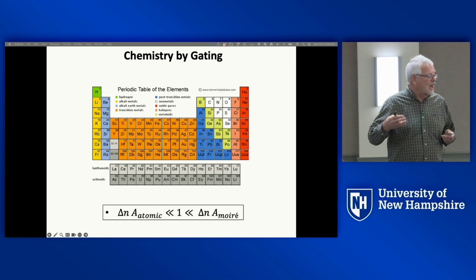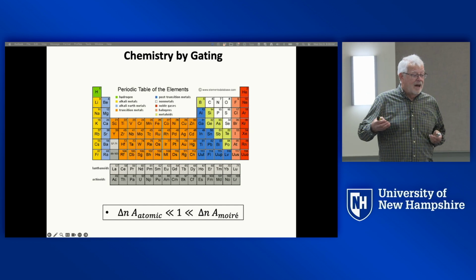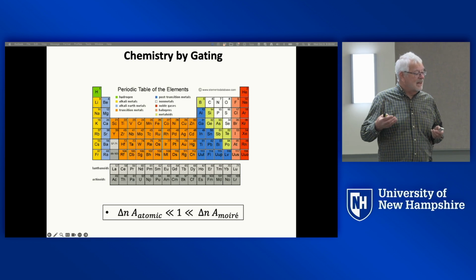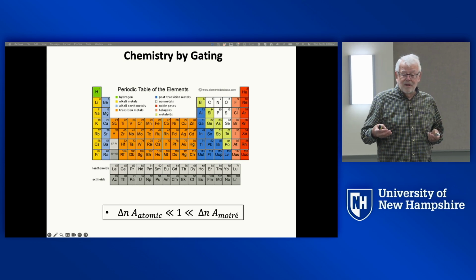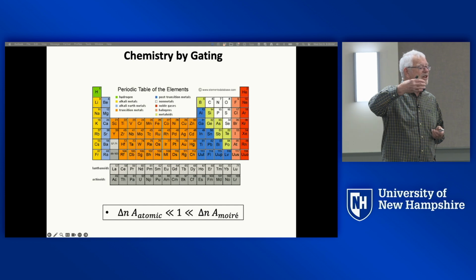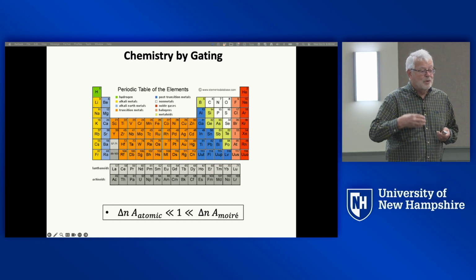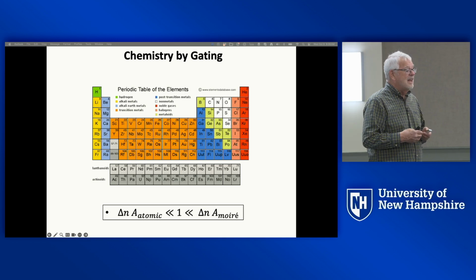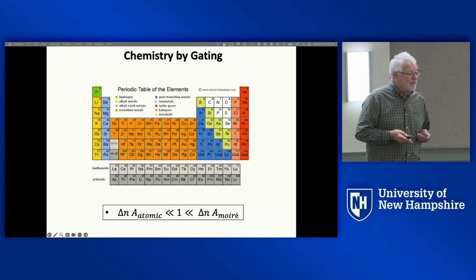So when we have a layered electronic system, we know that we can make it part of a capacitor, make an electrical gate, in other words, and vary the electron density. So when you think about the physical limits of that, it's clear that you can't change the number of electrons using a gate by an amount that's comparable to 1 electron per atom, because then you'd be changing all the chemistry and the material would just fall apart.